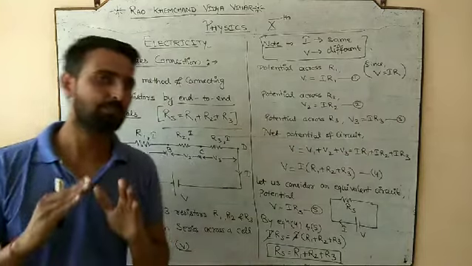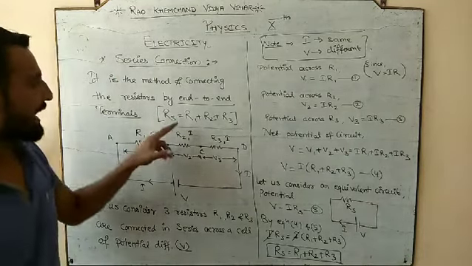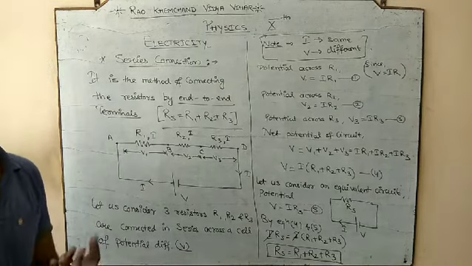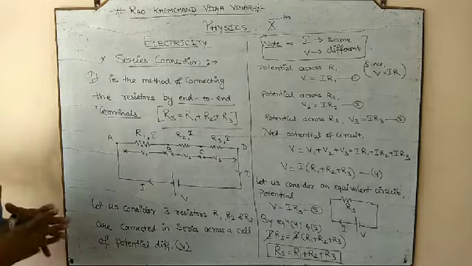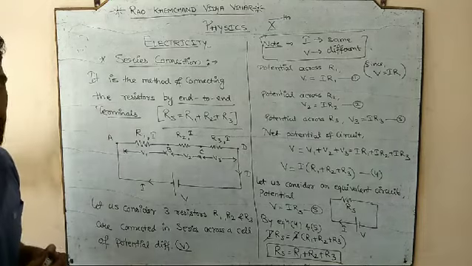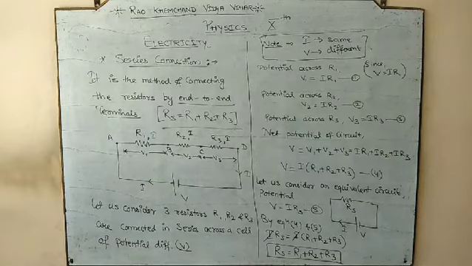In series, current will be the same in all and potential will remain different. And net opposition is R1 plus R2 plus R3 and so on. So this is our first method of connecting the resistors, which is your series connection. Please first of all note this down.